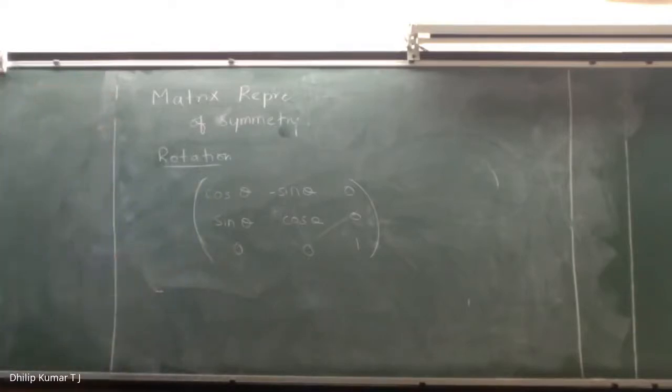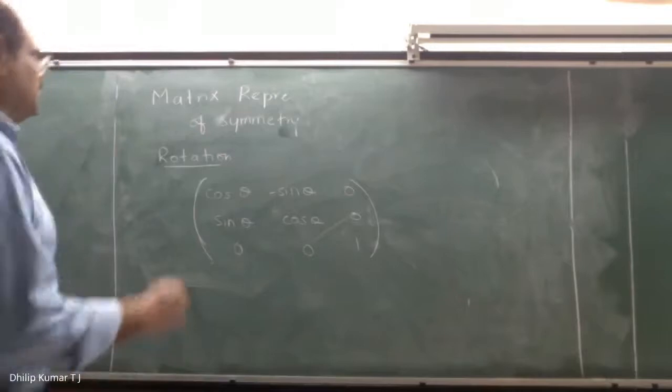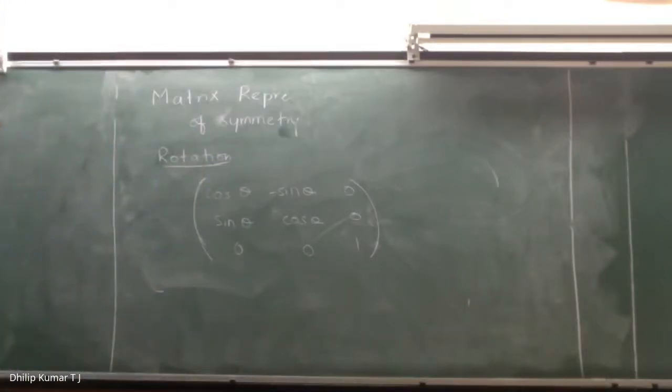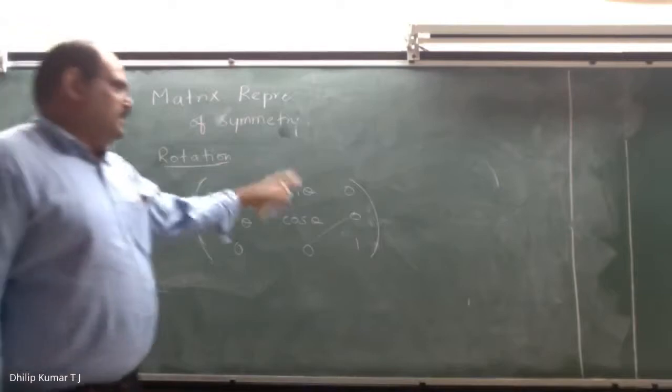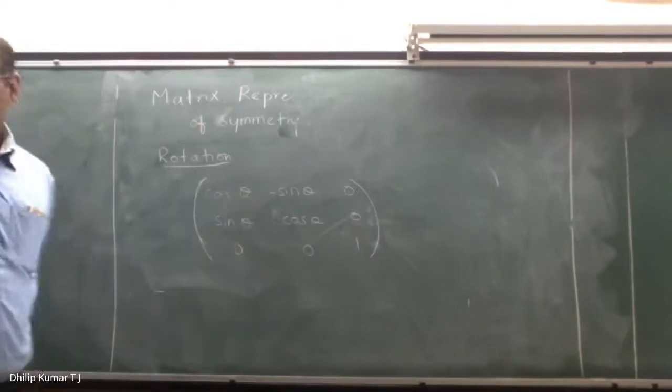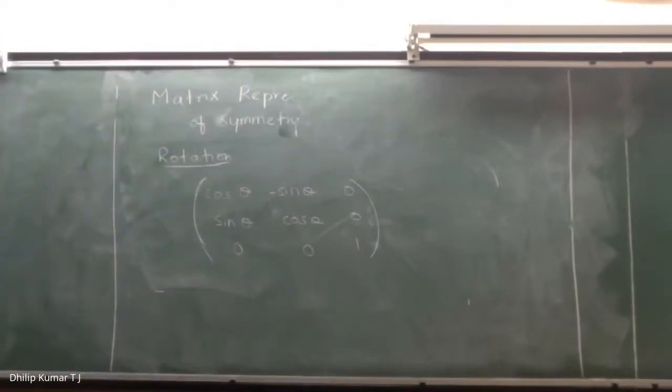It will be given in something of this form, provided we are rotating the Cartesian axis. There are two ways of rotating it. We are considering the rotation of the Cartesian axis, for which the rotation matrix is given in terms of cos theta and sin theta.